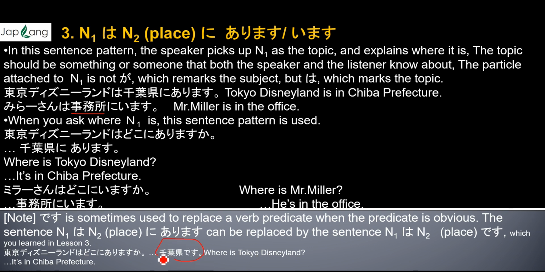Because you're talking about ni, a location particle, you can simply complete this as Chiba-ken desu, which we had learned in chapter number 3. So minasan wa doko desu ka? Jimusho desu. We had said, remember? Jimusho desu. He's in the office. Same pattern we can reply.